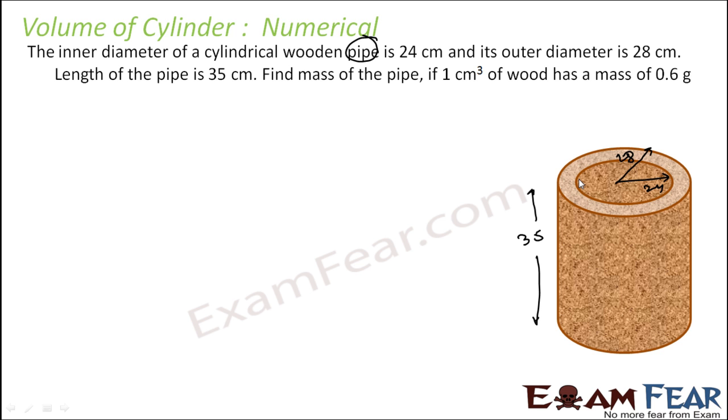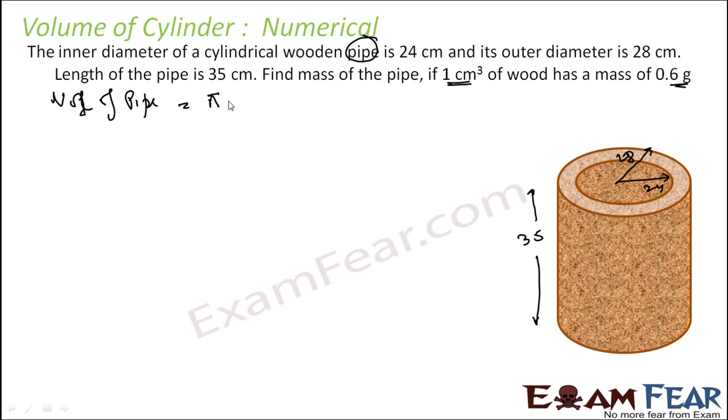wooden pipe, right? So before finding the mass, we know that we have to find the volume of this pipe, because from the volume we can actually find the mass. So volume of the pipe we have to find. In this case, volume of the pipe will be what?